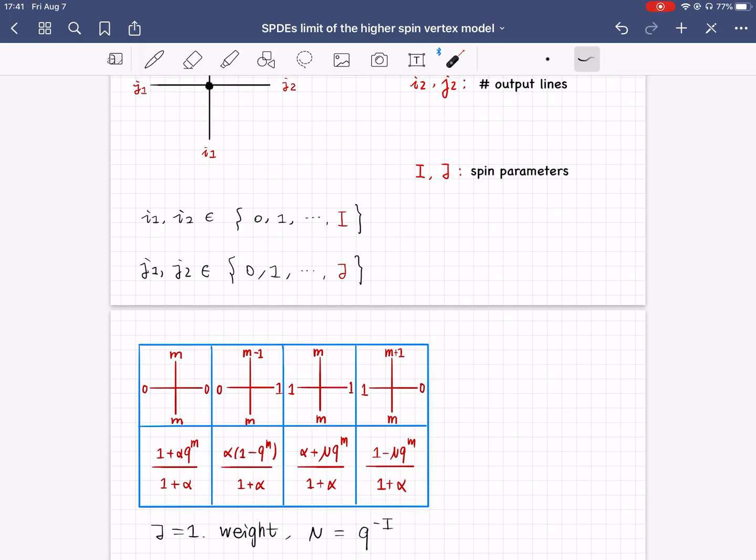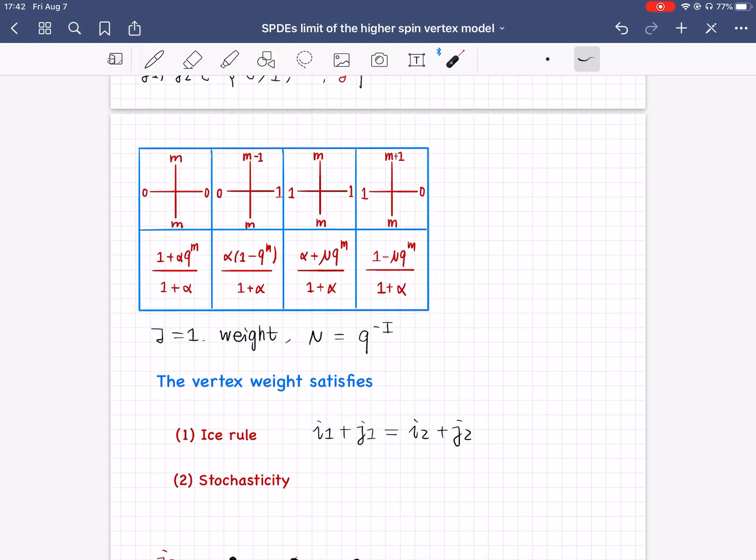So here, we set this nu to be q to the power of negative I. This was used to ensure that we indeed have at most capital I vertical lines. Okay? And for a vertex configuration that does not belong to this table, it just has vertex weight 0. So our vertex weight will satisfy two properties.